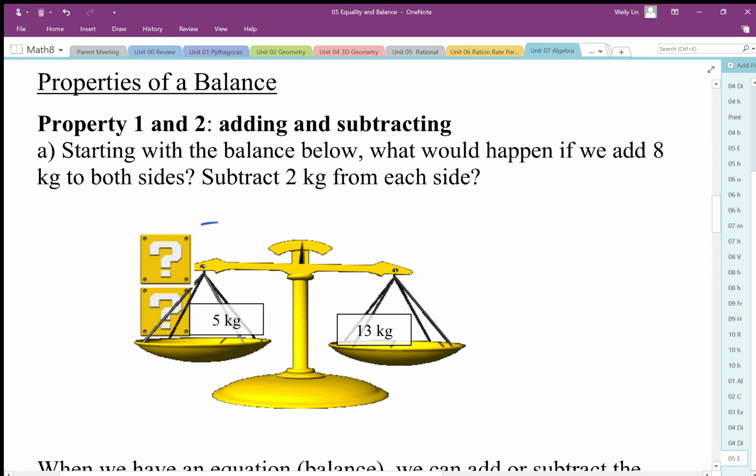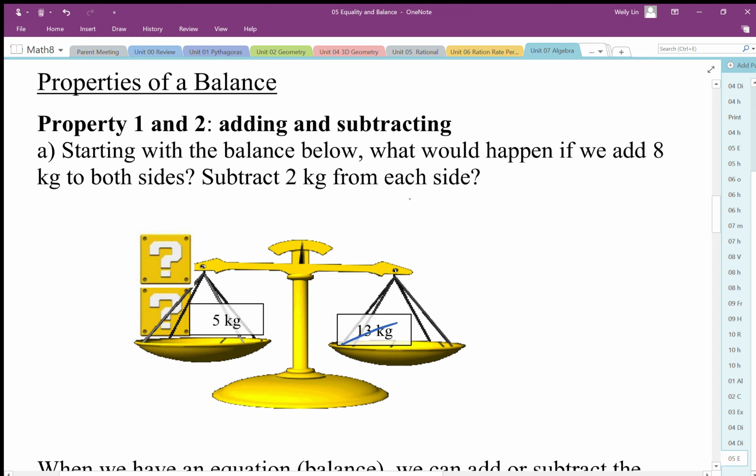I can take away 5 kilograms from this side and take away 5 kilograms from this side, and although I don't know what's inside these boxes, I know that this is going to stay balanced. So in this example here, it says, what if we add 8 kilograms to both sides?